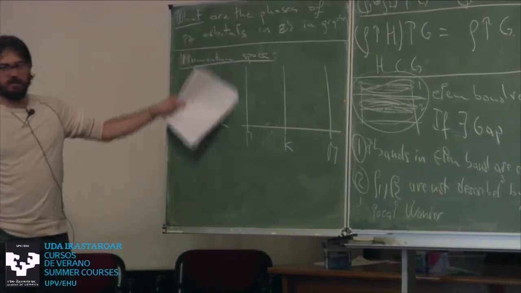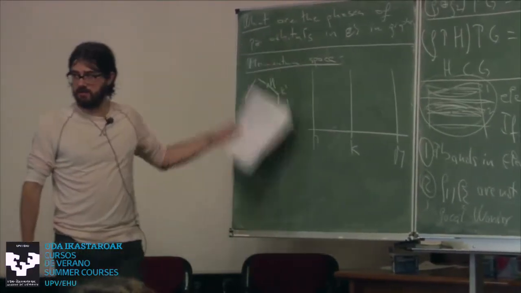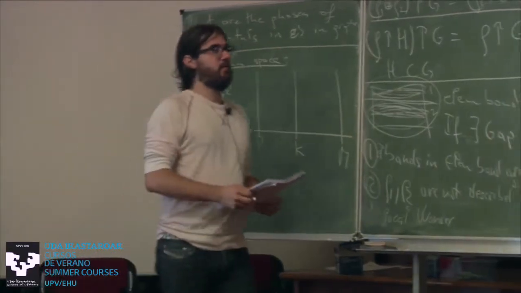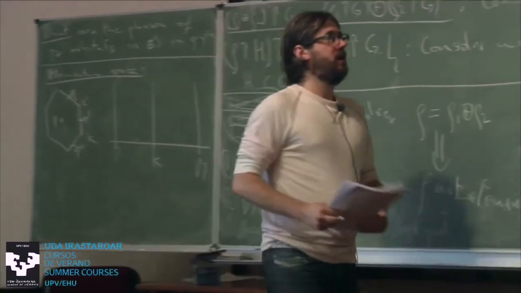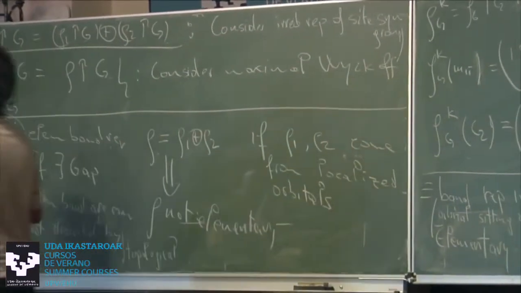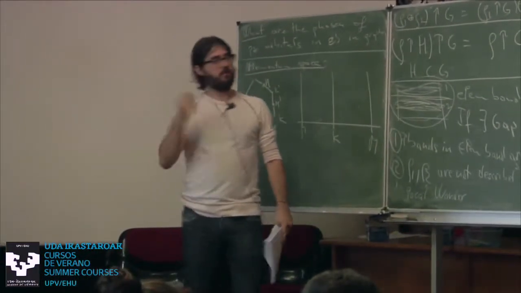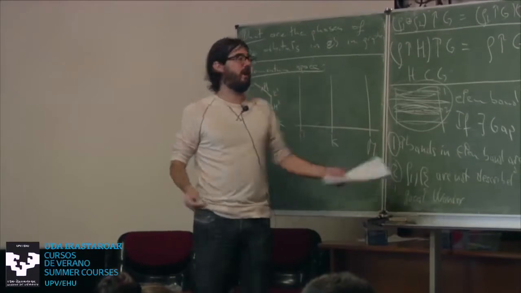And this is an arbitrary axis, call it energy, but I don't have any information about energy because I don't have a Hamiltonian. What I do have information about is the band representation. So I know what the electrons from PZ orbitals do as they go around the Brillouin zone, and I'm going to find out what they do at high symmetry points.